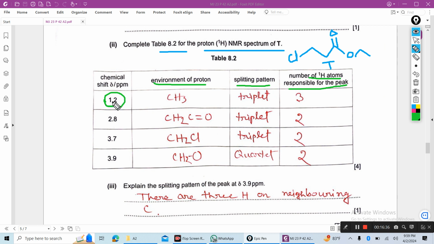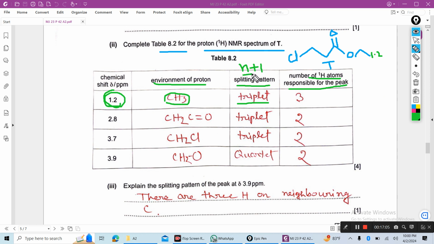You see 1.2, this is CH3. The CH3 proton is responsible for the peak at chemical shift 1.2, and this will be a triplet. Why? Because next to the CH3 there is a CH2, 2 protons, so the splitting pattern follows the n plus 1 rule.